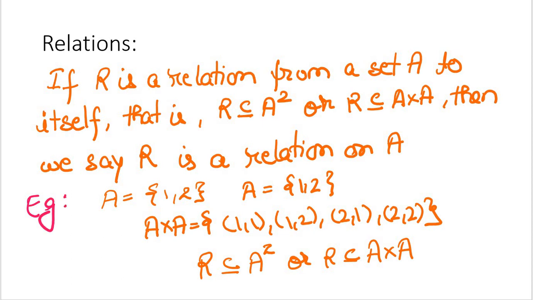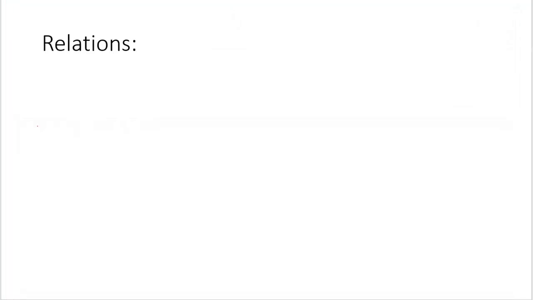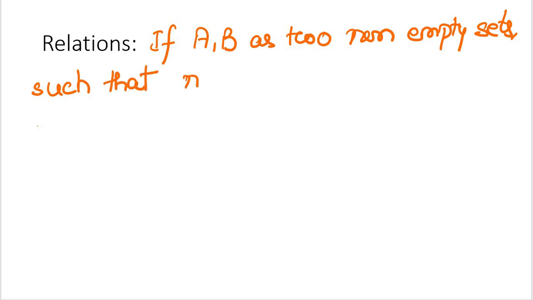Now let's take our discussion a little further. So let's suppose I have A and B as two non-empty sets such that n(A), now we are dealing in terms of cardinality, is m and n(B) is equal to small n.